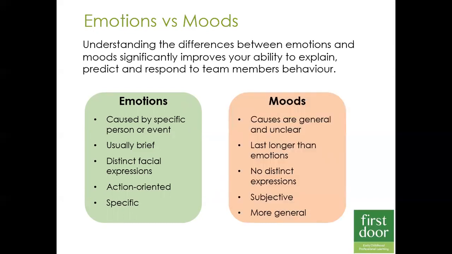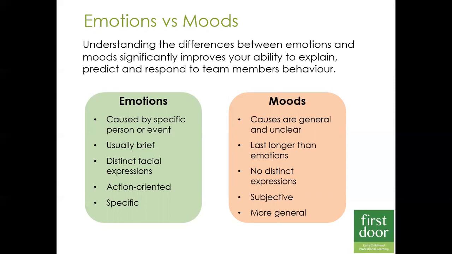Whereas with moods, sometimes we're just in a mood and we have no idea why. Has that happened to you before? It happens to me all the time. Moods often last longer than emotions do. Remember the emotions are usually brief. A mood is something that we experience perhaps for the whole day. There are no distinct expressions.